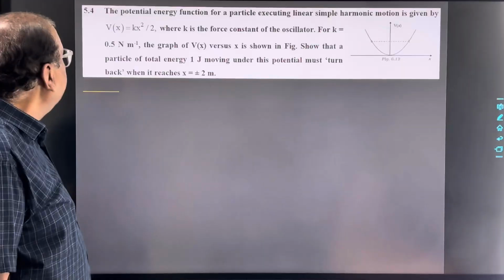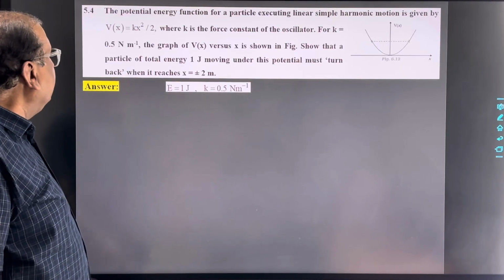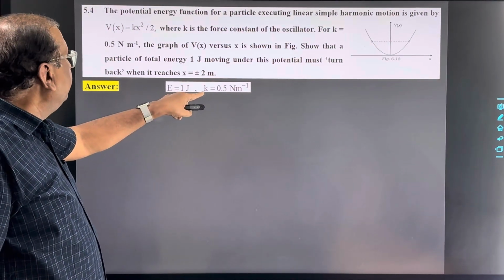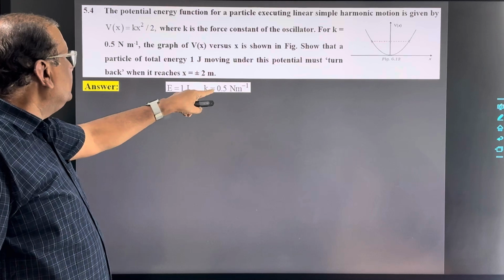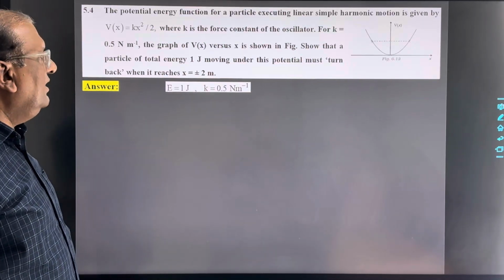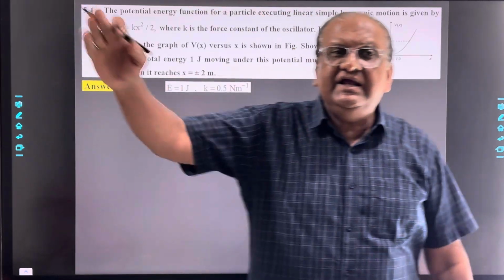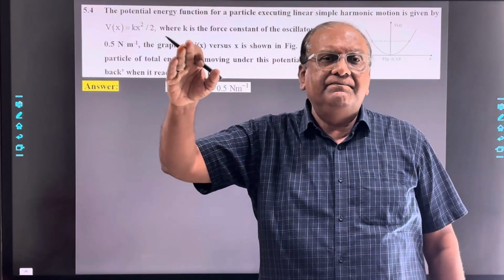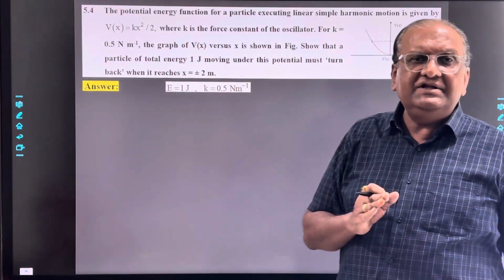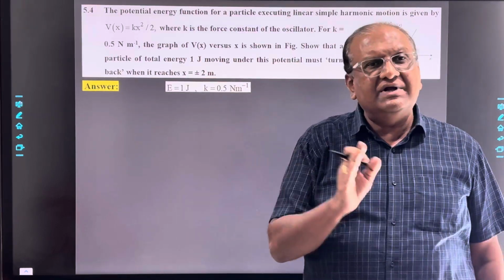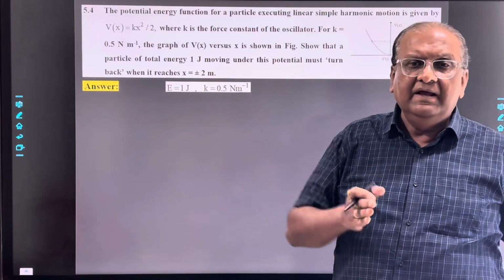Now see here, the total energy that is given to you is 1 joule, and the force constant k is 0.5 Newton per meter. When the oscillator is oscillating, the total energy is constant and equal to kinetic energy plus potential energy.